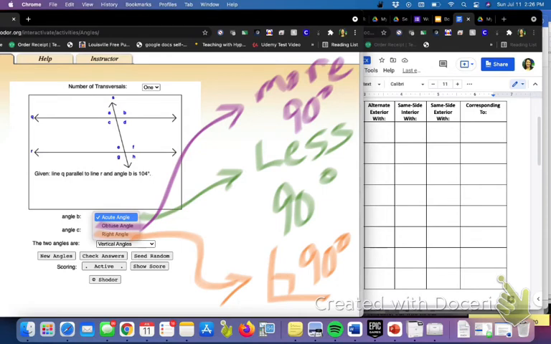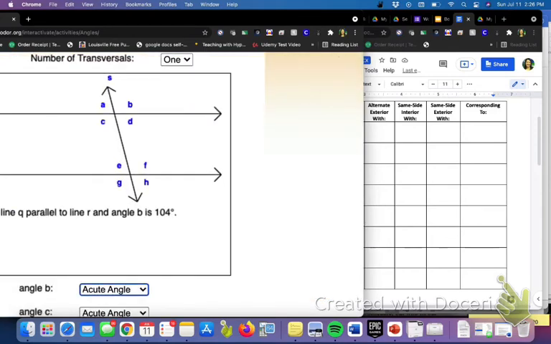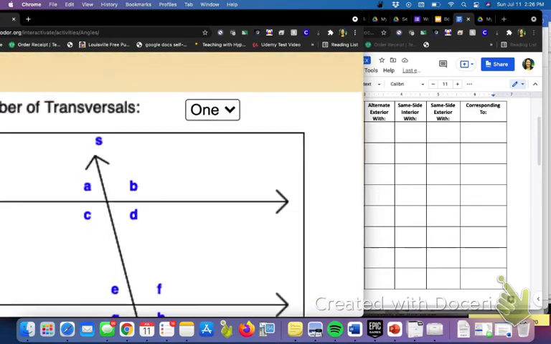So it's asking us about angle B, which again is the one that's right here. I'm going to zoom in here on the angle to make it a little bit easier for you to see. So angle B, I'm going to draw what a right angle would look like on top of angle B. Remember, a right angle would look like this, squared.